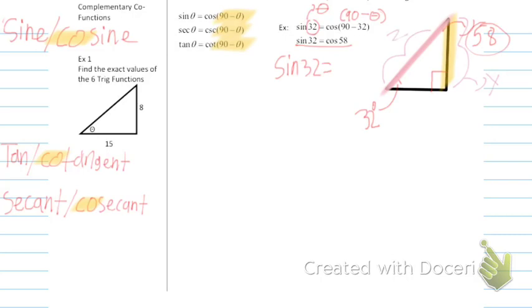So sine of 32 will equal y over z, opposite over hypotenuse. Now for cosine of 58, it's adjacent over hypotenuse. So the y, which is the side next to the 58 angle, it'll be y over z.